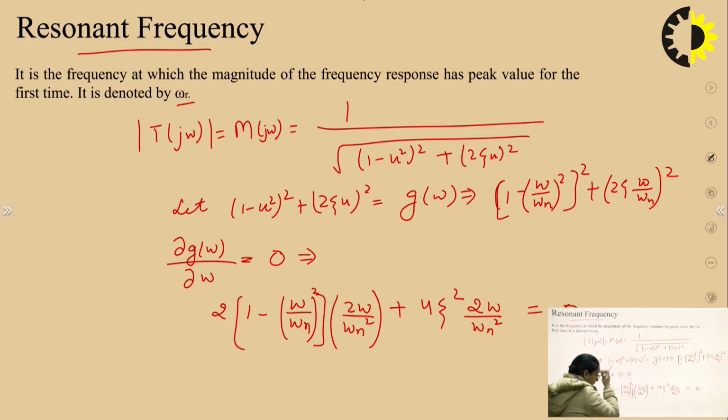Okay, so now I am taking this term, twice of omega n squared, common from both the sides, and this 2 can also be taken as common from both the sides.